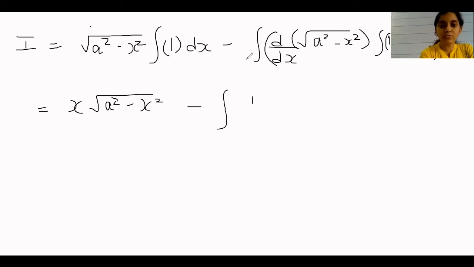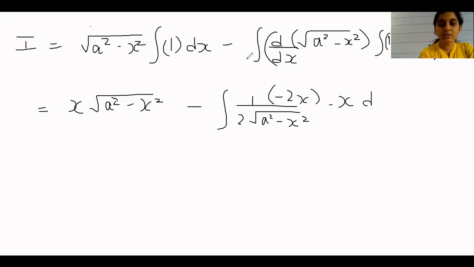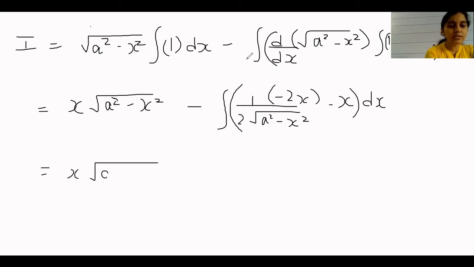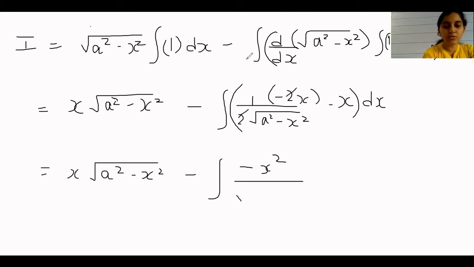It will be 1 upon 2 root of a square minus x square into minus 2x, into x dx. The first term remains as it is, the 2 cancels out, and you have the integration of minus x square upon root of a square minus x square dx.